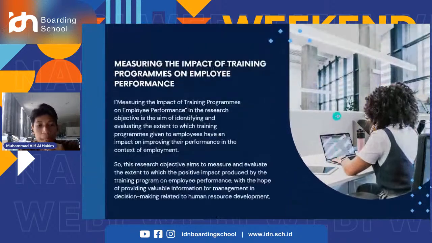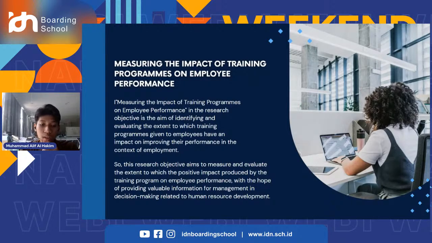Next, second, measuring the impact of training programs on employee performance. Measuring the impact of training programs on employee performance in the research objective is the aim of identifying and evaluating the extent to which training programs given to employees have an impact on improving their performance in the context of employment.